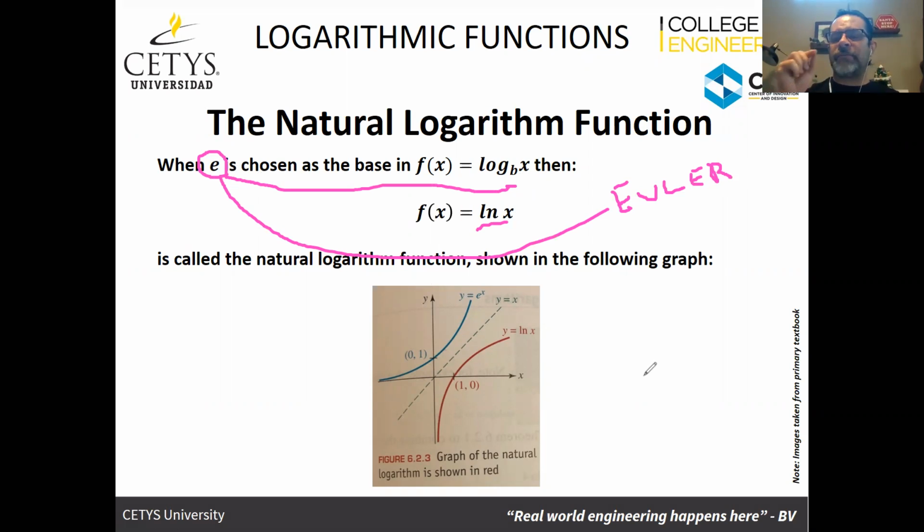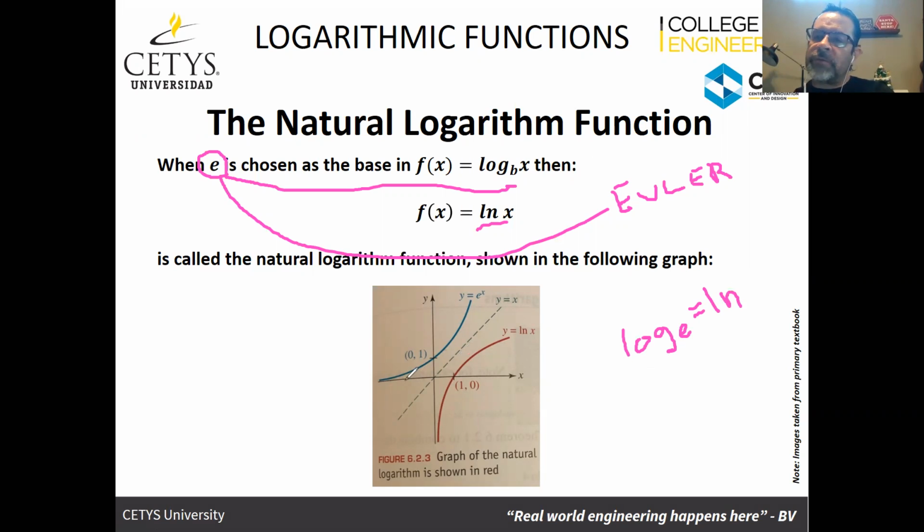You've seen that instead of using log, we use ln. When we use ln, it would be equivalent to saying log base E. This is equivalent to natural logarithm.